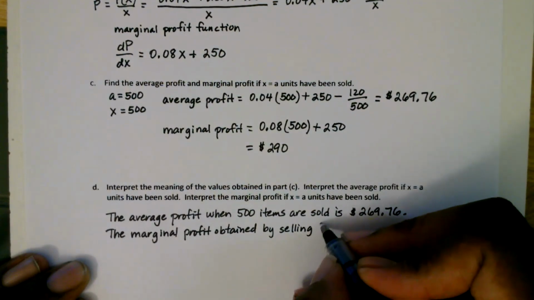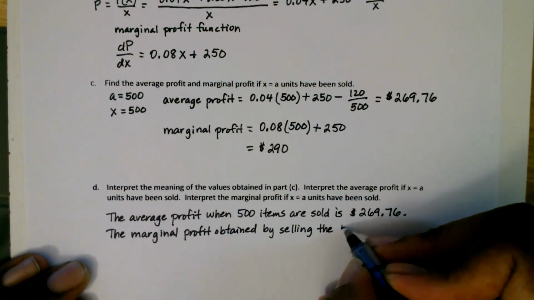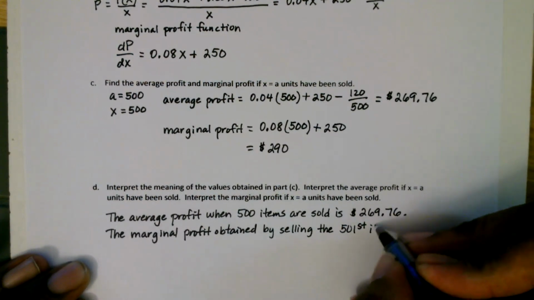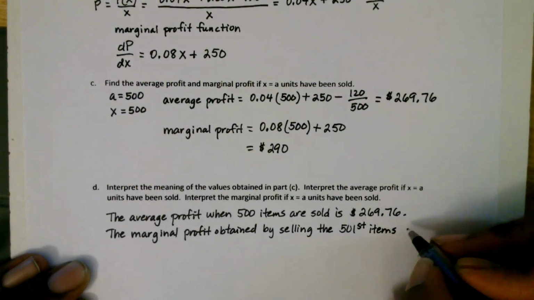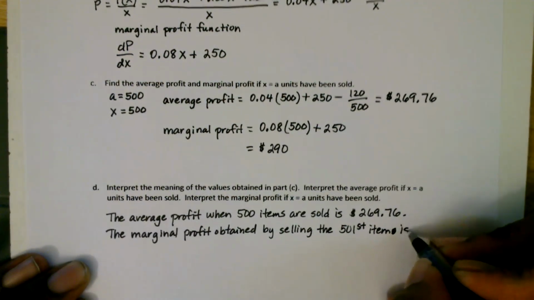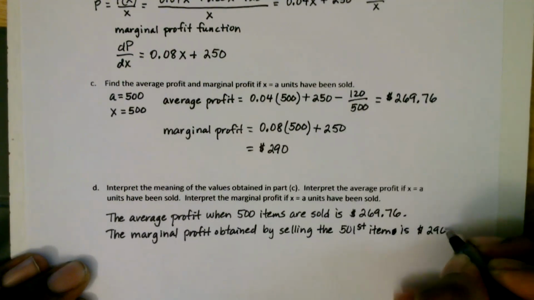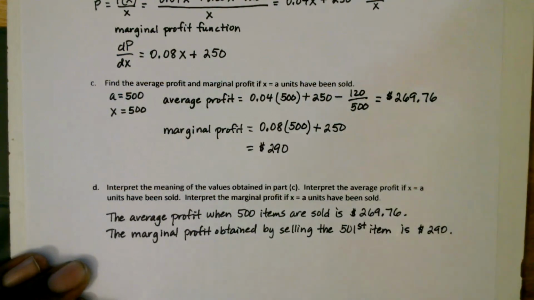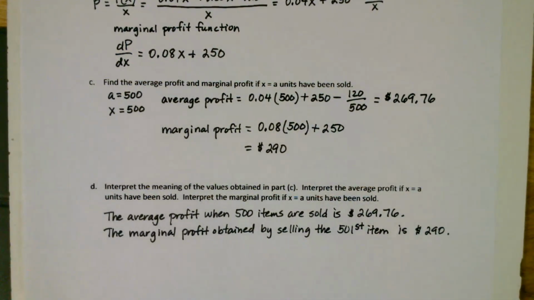So by selling the 501st item, its marginal profit would be $290. So that's how we interpret the average profit and the marginal profit in this particular situation.